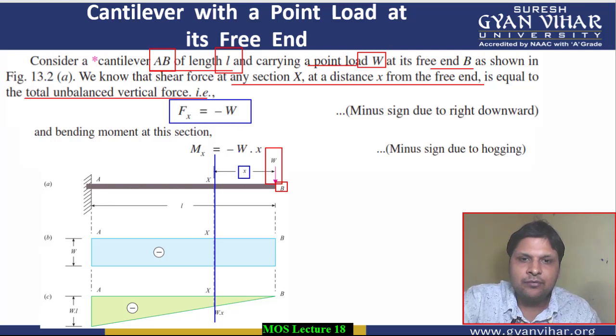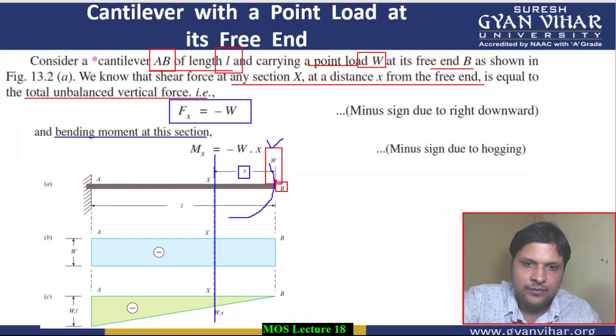Alright, and what will be the bending moment due to this load W? The bending moment at this section, which is at a distance of x from this end point B, will be equal to, see, this force will cause a clockwise bending moment on the right hand side, and we know that clockwise bending moment on the right hand side is taken as negative.